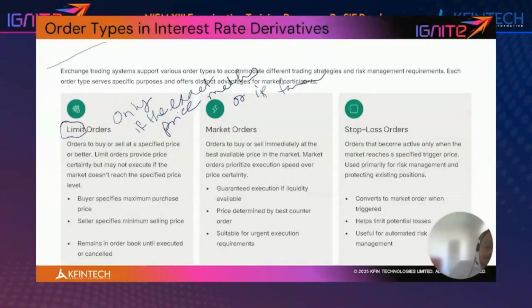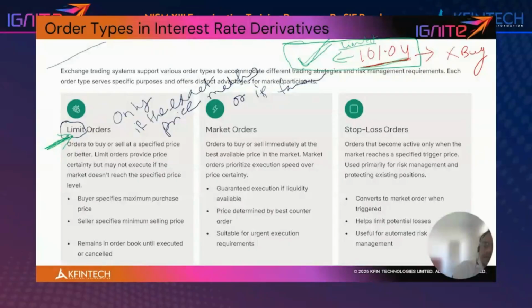So let's take an example. I want to buy a bond futures at 101.04 and I'm not ready to buy anything above this. Anything at this price and below this price is my intention. So this becomes my limit. What is my limit? My limit is 101.04. Hence the limit order. Whenever I'm buying, I would want to buy at a cheaper rate.